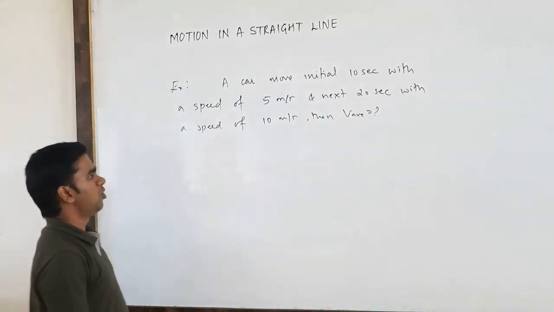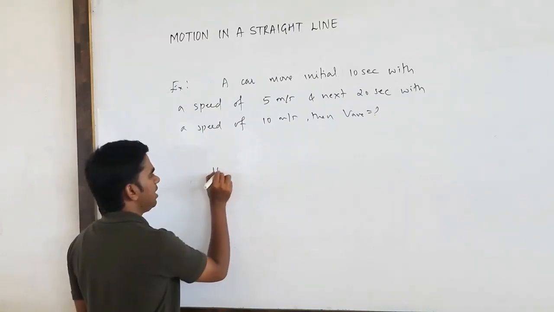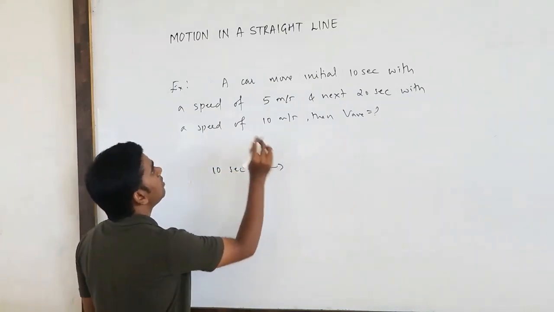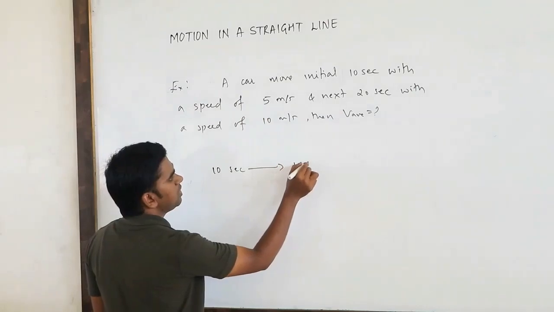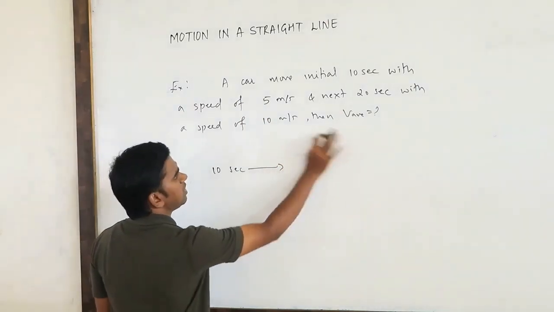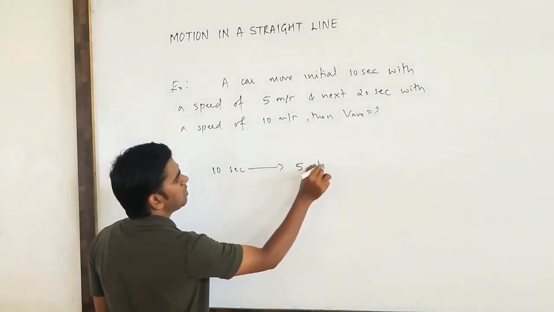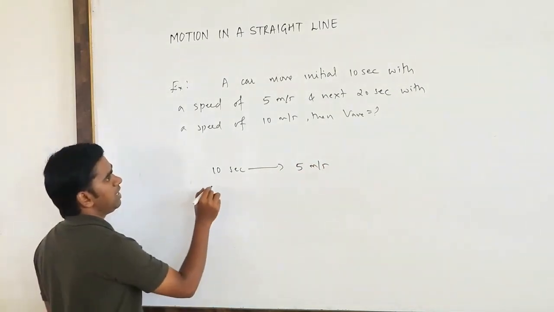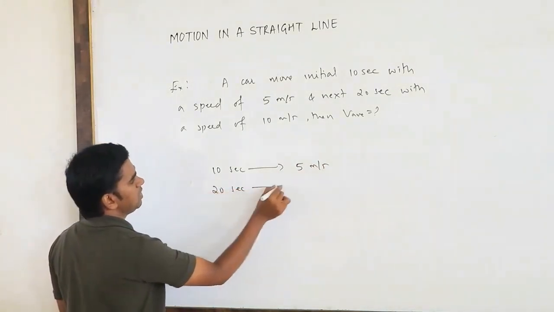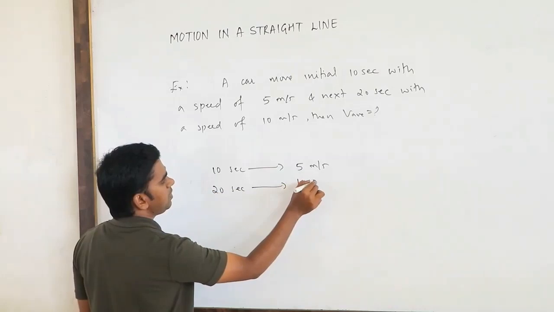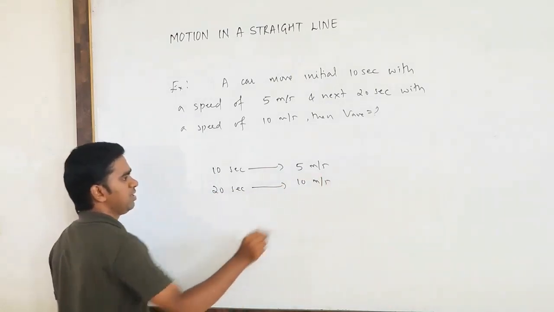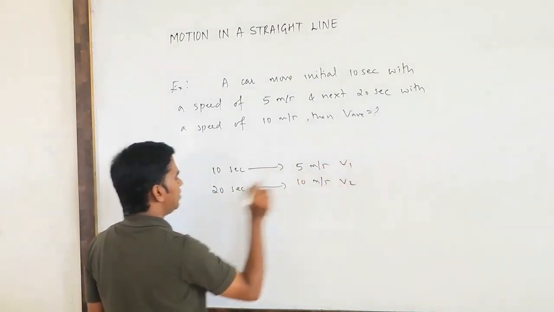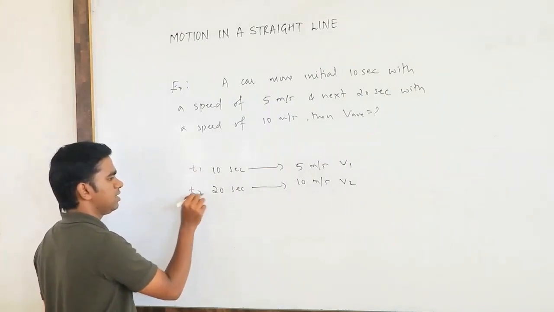Okay, so what they are giving, first 10 seconds it will travel with a velocity of 5 meter per second. Next 20 seconds it will travel with a speed of 10 meter per second. Okay, this is v1 v2, this is t1 t2.